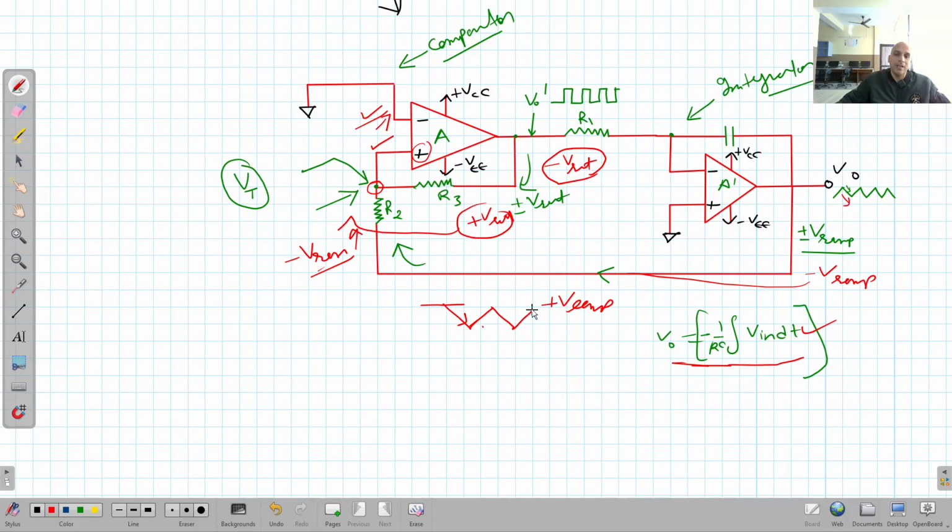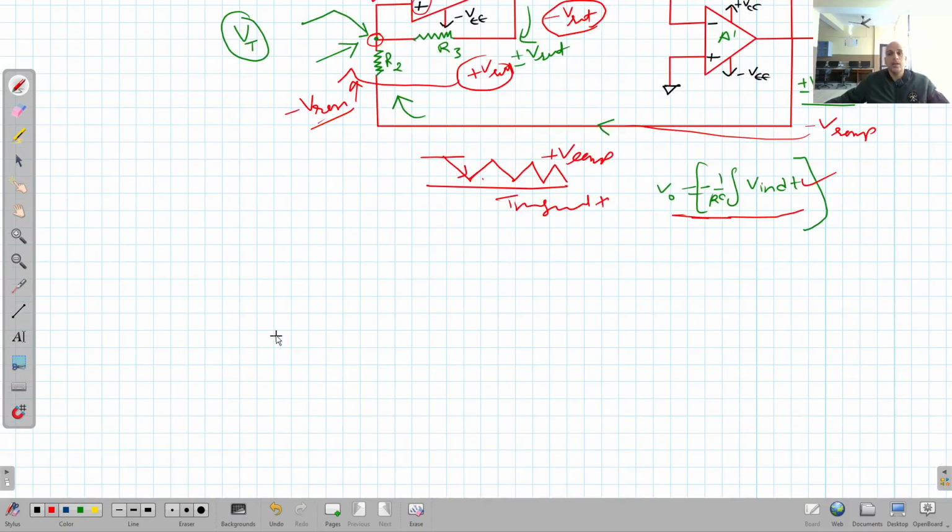This process will continue and you will get a triangular wave at the output of this circuit. This is the working of this entire circuit. I can show you the resulting waveform here.